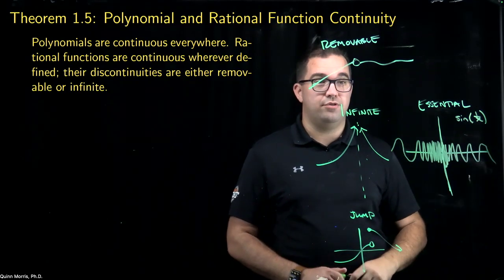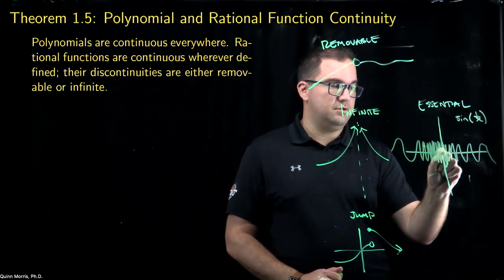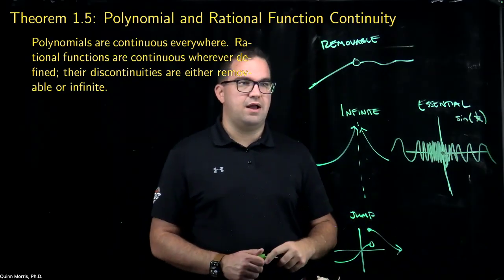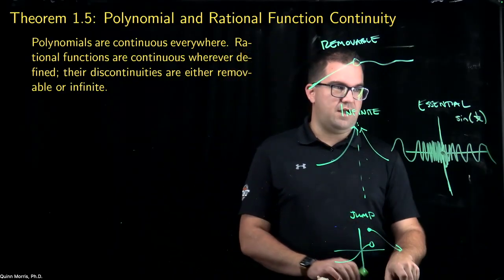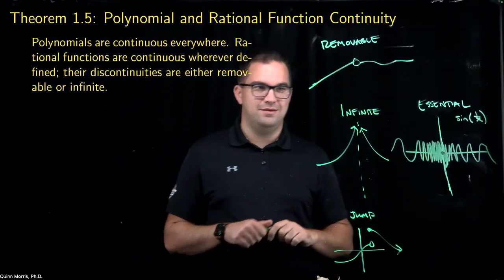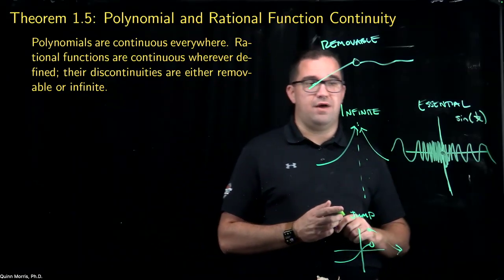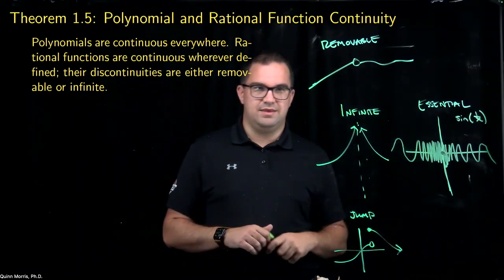It's not defined at 0, right? I should make sure I don't have anything defined at 0, but it's defined everywhere else. This is just a really bad discontinuity. Here, the one-sided limits don't exist. It's not defined at the point, lots of bad things going on here.